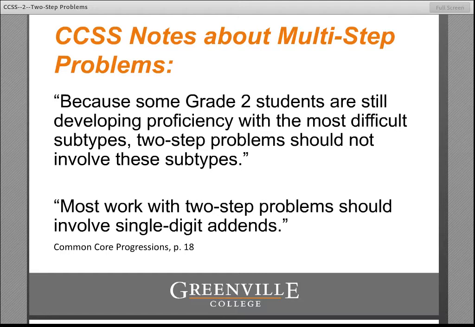The difficult problems are not appropriate for being merged into a two-step problem because many second graders are still developing mastery of those areas. The Common Core authors also encouragingly tell us that we don't have to have them doing the two-step problems with really large numbers. The students who struggle can learn to do these problems with small number sets, and that will be acceptable.